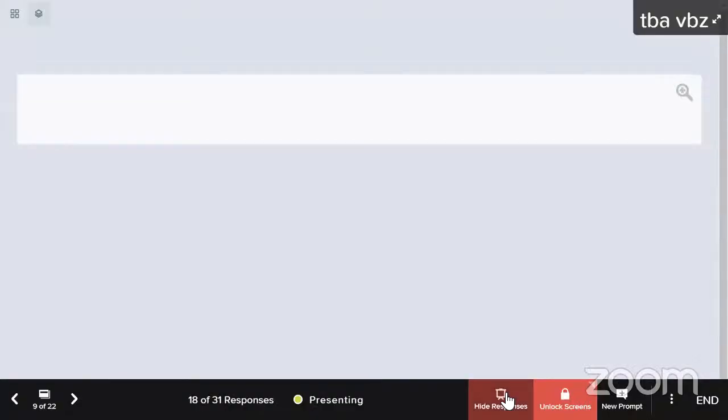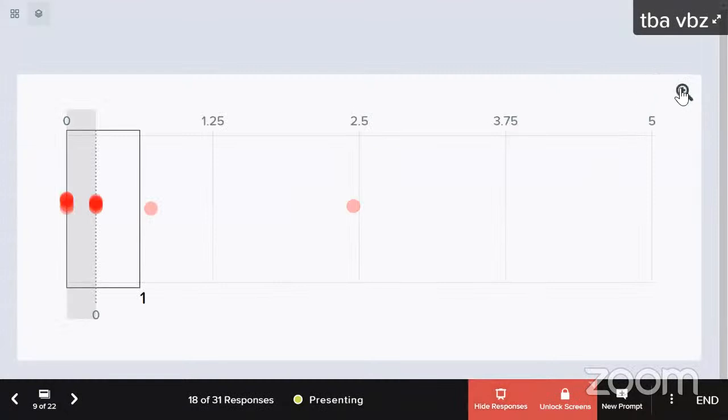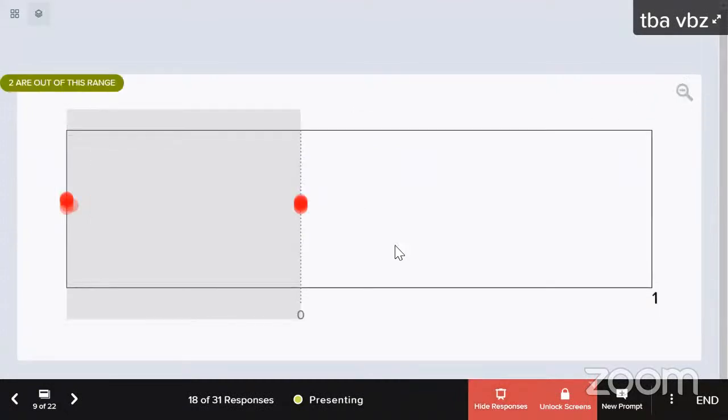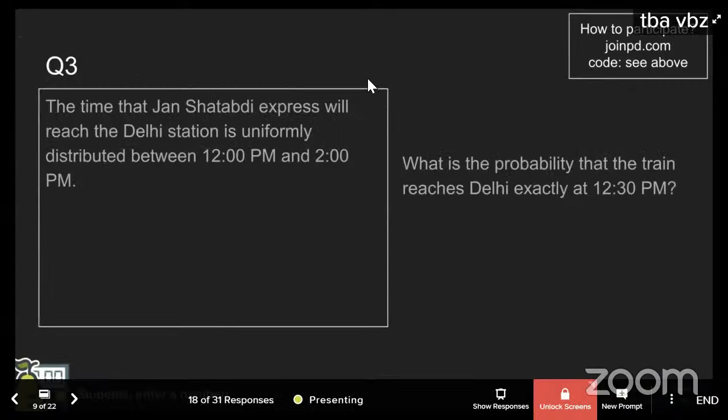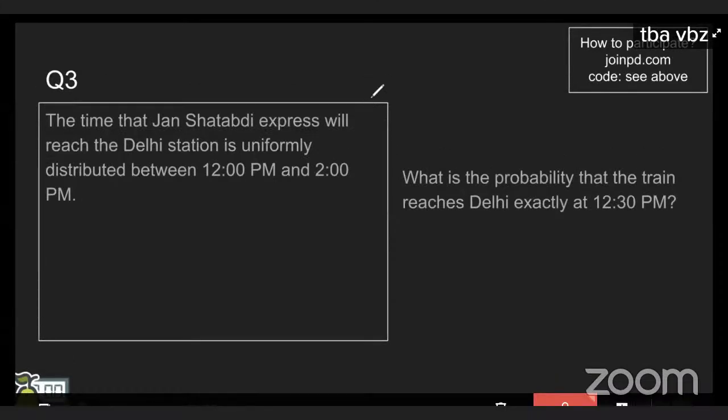Okay, let's proceed to the solution part. In the beginning of the session, we discussed that for a continuous random variable, you need to compute the area under the curve. So let's plot it.